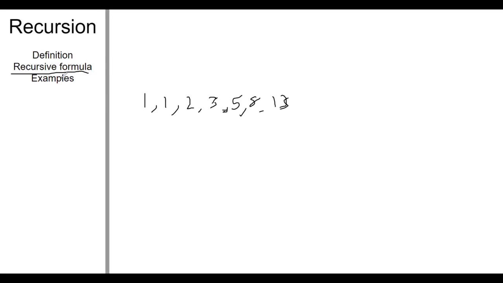And so, for example, for this formula, let's denote a sub n as an arbitrary nth term. This is equal to the sum of the terms before it.